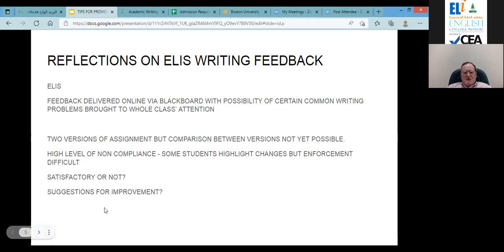What we've done is we've had 2 or 3 writing assignments, and they've been on Blackboard. The topic is assigned, and the students write on Blackboard. The teachers call it up, give a grade, and then there's a box where they make some comments.